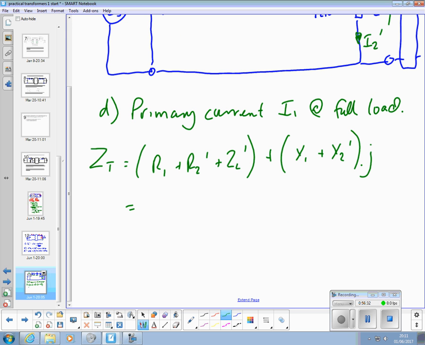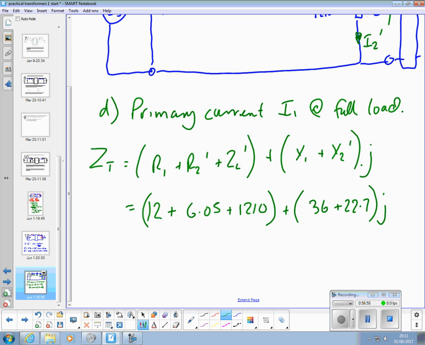So that is 12 ohms plus 6.05 plus 1210 plus j(36 plus 22.7) ohms. Check it please.